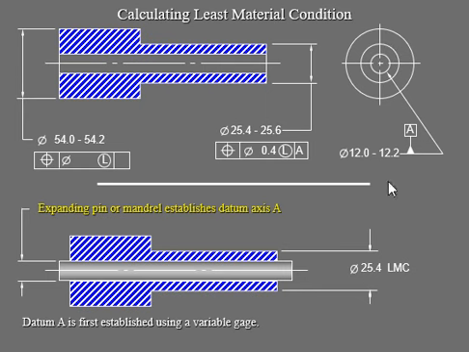Pay attention to the view. This is a front view cross section, meaning I was looking at the inside of it. And that pin is going to go straight into here, which we're looking at on the side. Your datum A is first established using the variable gauge, which is this, coming into contact with the part.